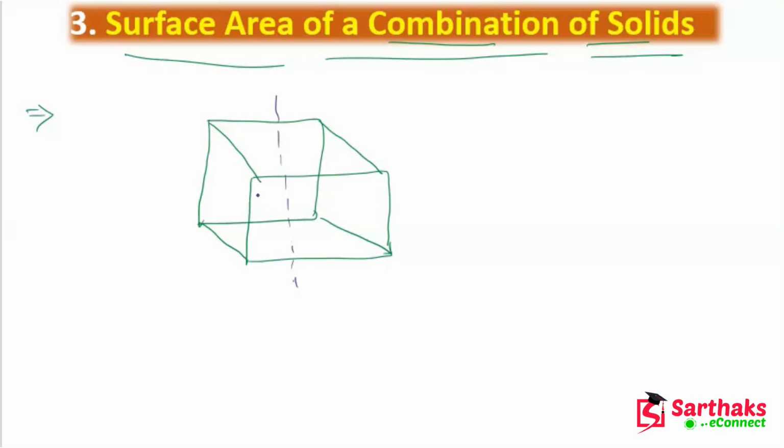The partition gives 2 cubes. Now it is easy to study these cubes with respect to the cuboid. By finding the areas of these known shapes, we can find the required area of the unknown figure. I hope you understand this.